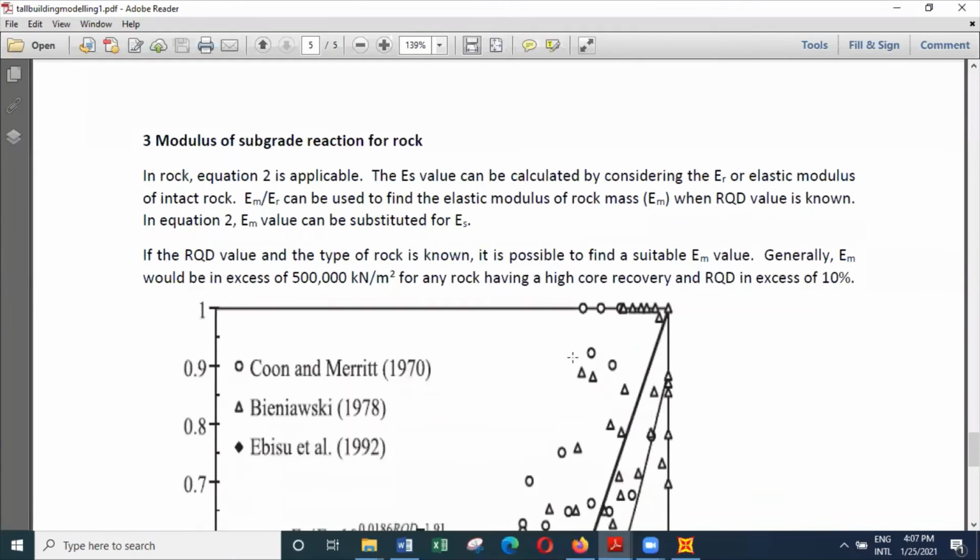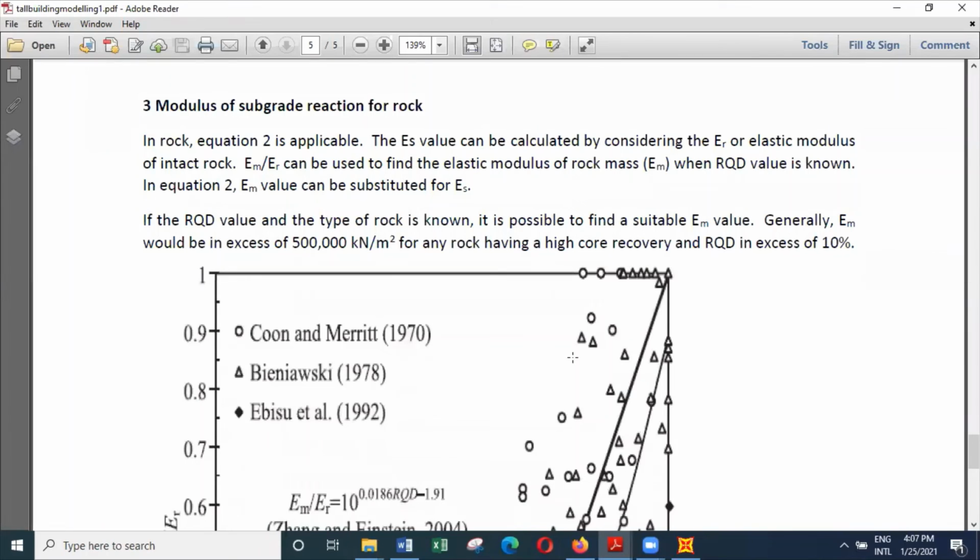So you know the elastic modulus of grade 30 concrete is about 30 kilonewtons per millimeter squared, right? So basically, if you take unfractured rock, the elastic modulus can be easily in the range of 40 to 60 kilonewtons per millimeter squared.